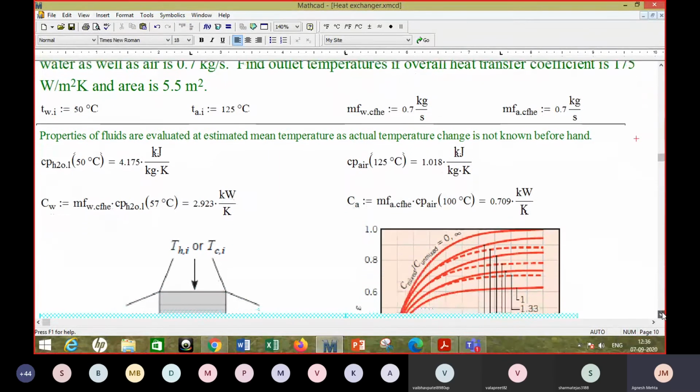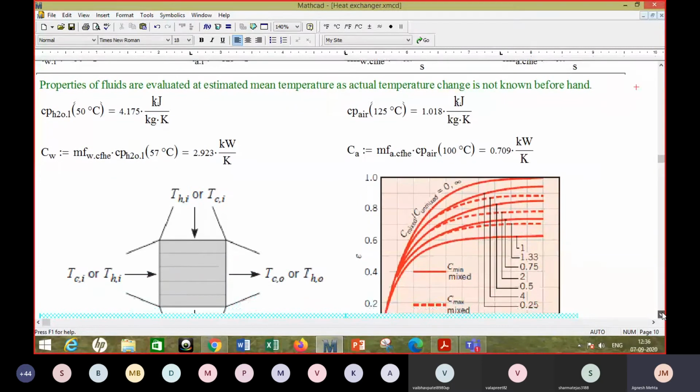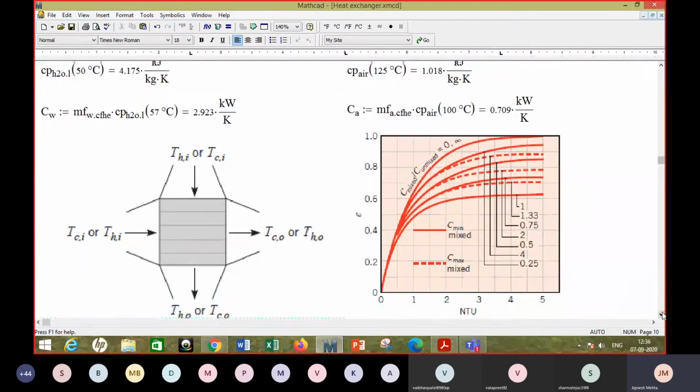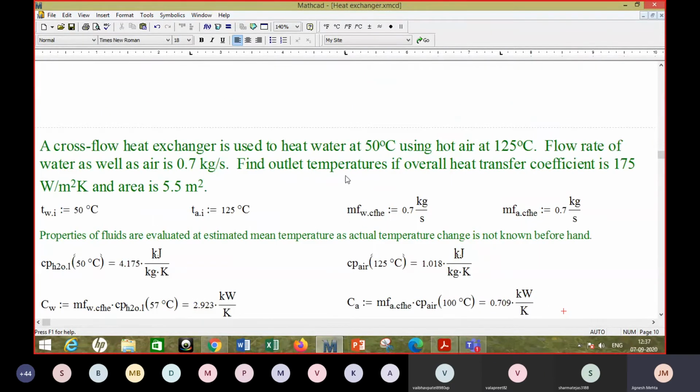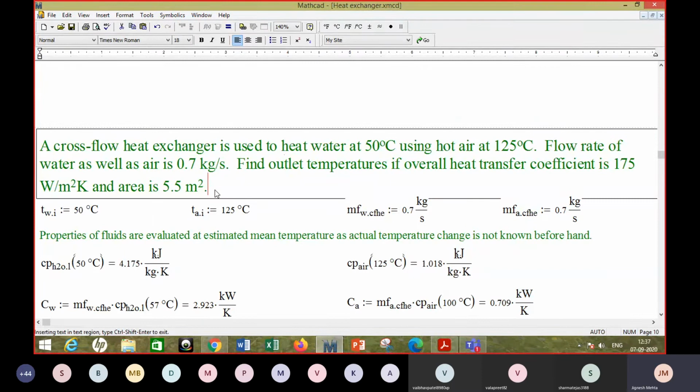But maybe this scheme is given to you in the data, that the cold fluid, the water, is unmixed and air is mixed. That is what should be given to you, so accordingly this statement of the problem may be modified.